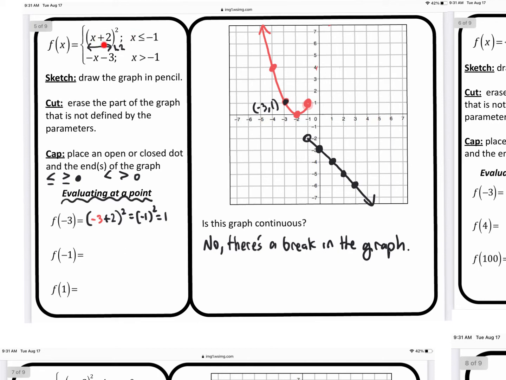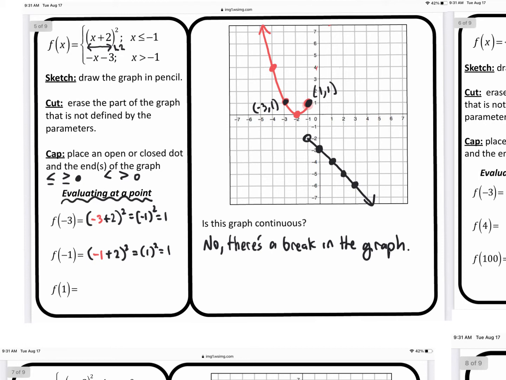And so therefore we'd plug it into this guy again. So we'd have our -1 plus 2 squared, okay? And that's going to give us a 1 squared, and that's going to give us 1. And you can see that, again, (-1, 1) right here is defined on our graph.